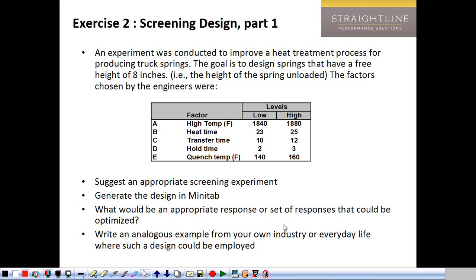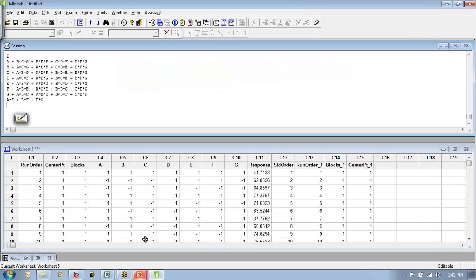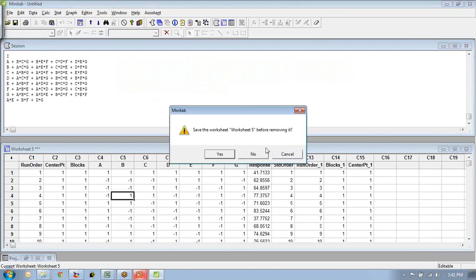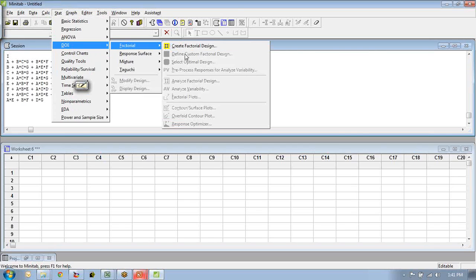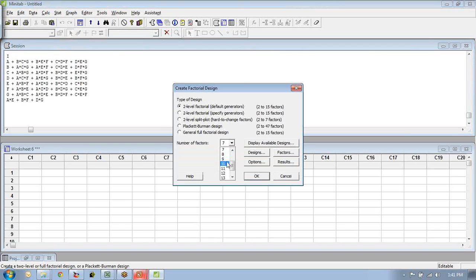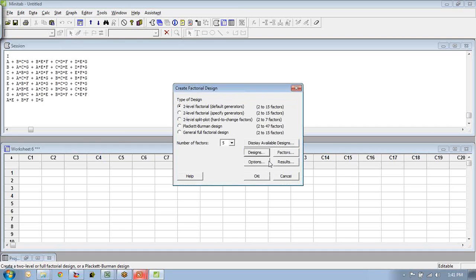One way to do this would be to just go directly to Minitab and see what we get. So we have 5 factors, and you can probably guess this: if we have 5 factors, a screening design might be a quarter fraction or 8 runs.